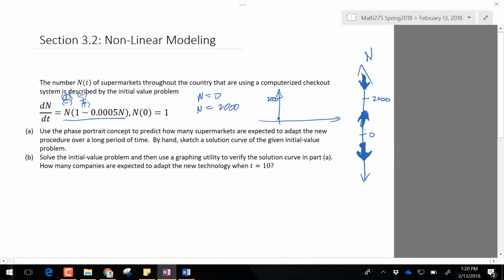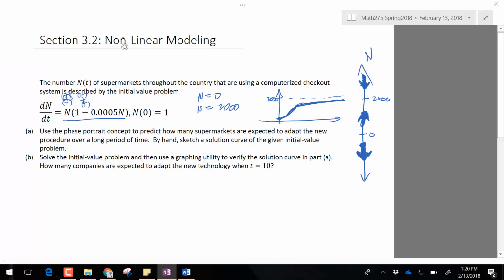The logistic growth here is that if you go off to negative infinity, this is going to approach 0. And as t gets larger, you're going to approach 2000. So your graph should look something like that. Then we'll solve the differential equation and verify that that's accurate.